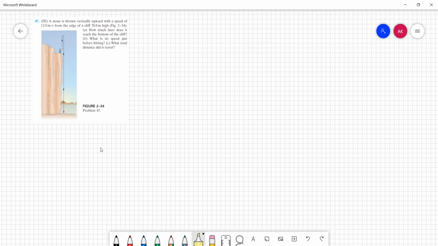In the first case, how much later does it reach the bottom of the cliff? We need to identify which is our initial position and what's the final position. Once we identify those, we can find the time in between those two positions. What's the initial position in this case? And what's the final position for the stone?